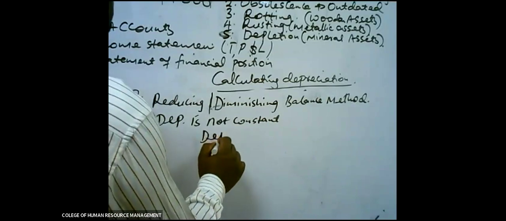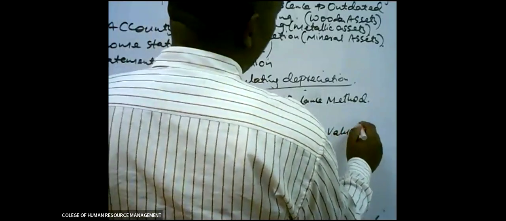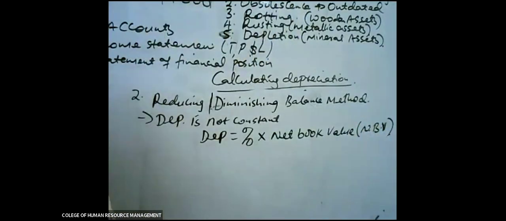So under this method, depreciation will be a certain depreciation rate in percentage, multiplied by the net book value, NBV. So we don't multiply by the cost.